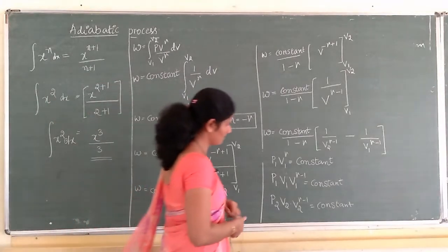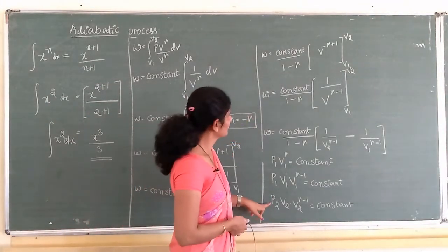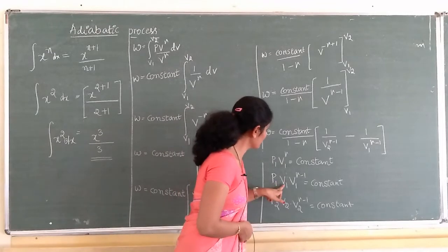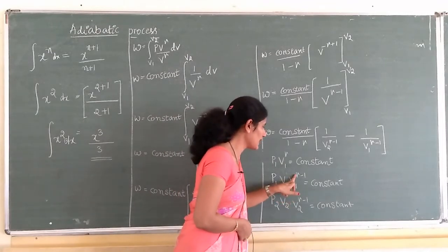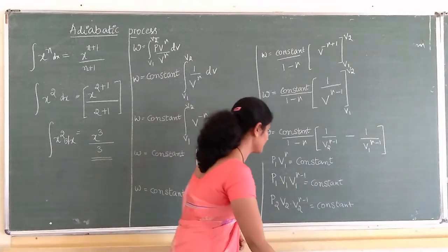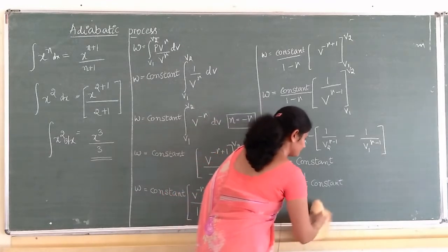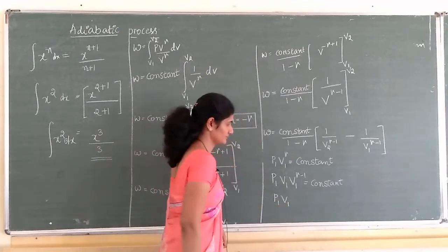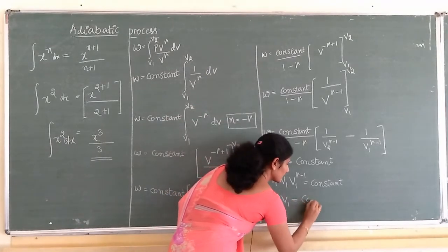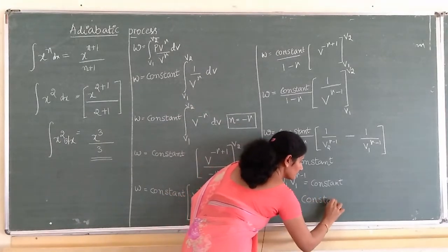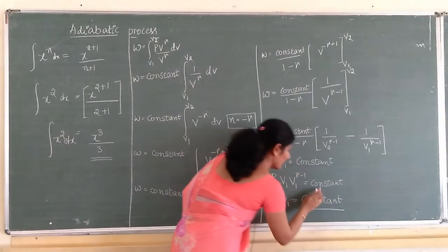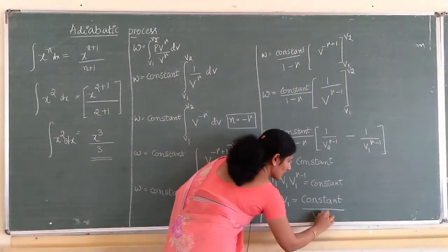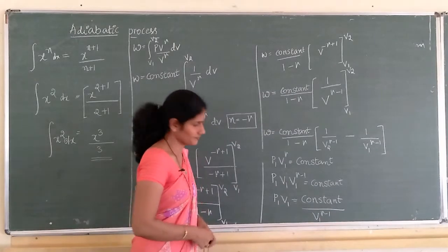So now this p1 v1 into v1 to the power gamma minus 1 is equal to constant. So consider this equation. p1 v1 is equal to constant divided by v1 to the power gamma minus 1, right?